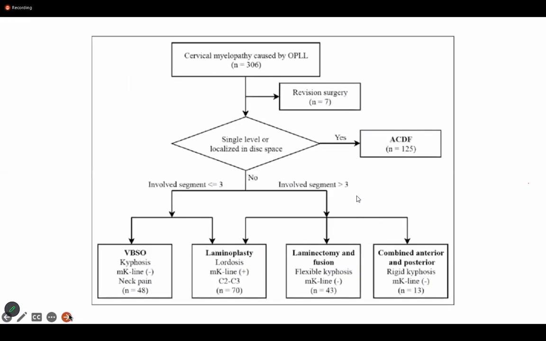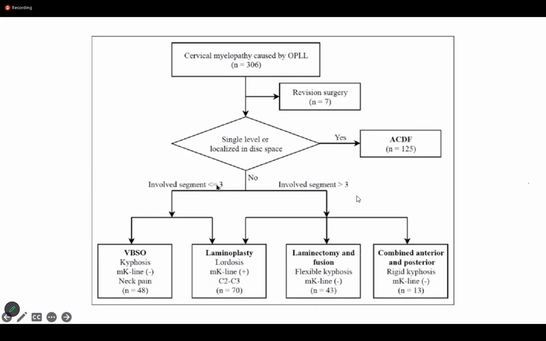And as in a study of around 300 people with cervical myelopathy and OPLL, you can see with a single level we use ACDF.